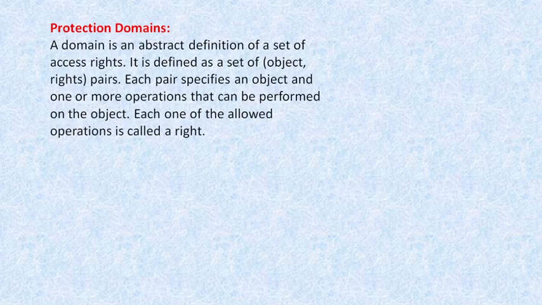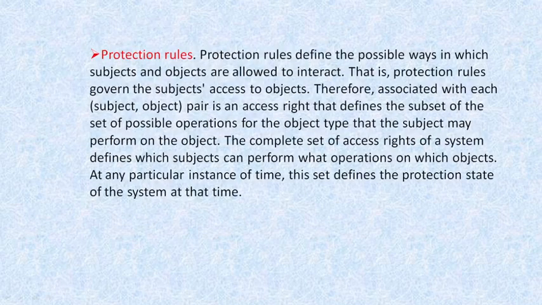So we can also say the protection rules are privileges given to the user. For example, if user A can access an object, say a file F1, his access right is only up to reading. He cannot write data to file F1 or execute that file.